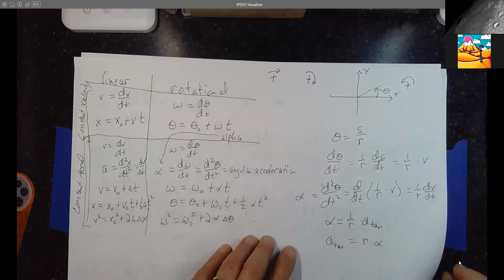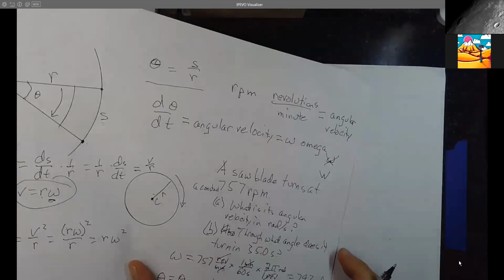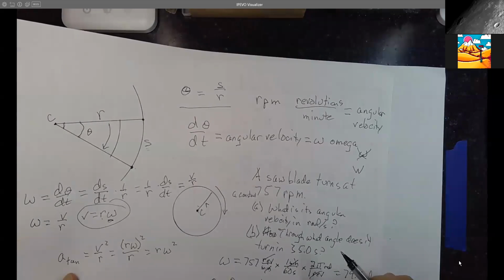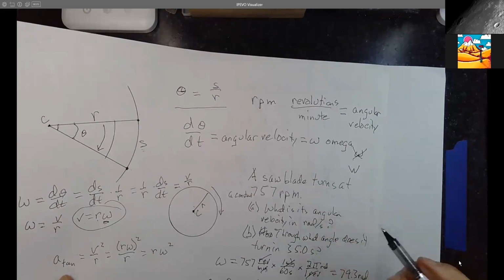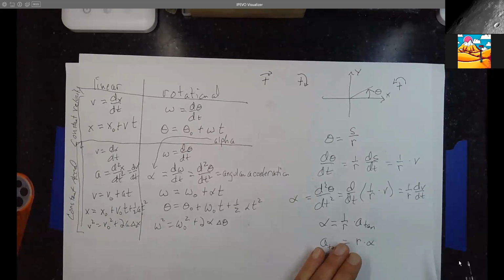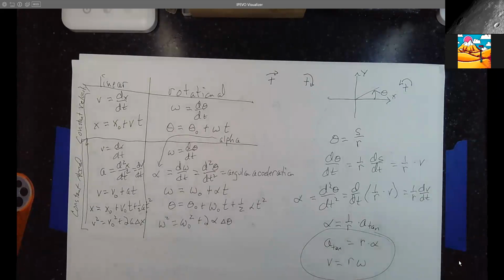We also had that other link somewhere here. Here it is. V is r omega. So these are things that tie these together, and sometimes these will be handy relations to be able to use.